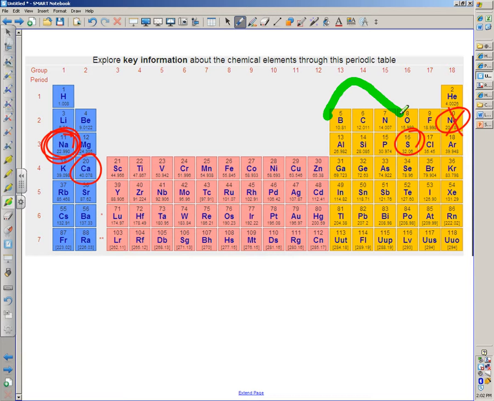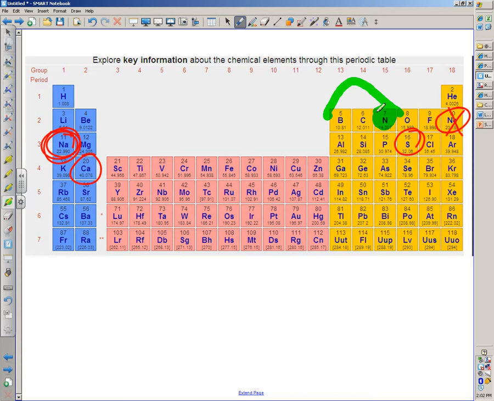Nitrogen has 5 valence electrons. It's got to gain 3 more to get to 8. So if it gains 1, now it's got 6 valence electrons. It's closer to being stable, but all the electrons nitrogen already has, like the 7 that are already there, don't like that 8th electron. What do all electrons do to each other?